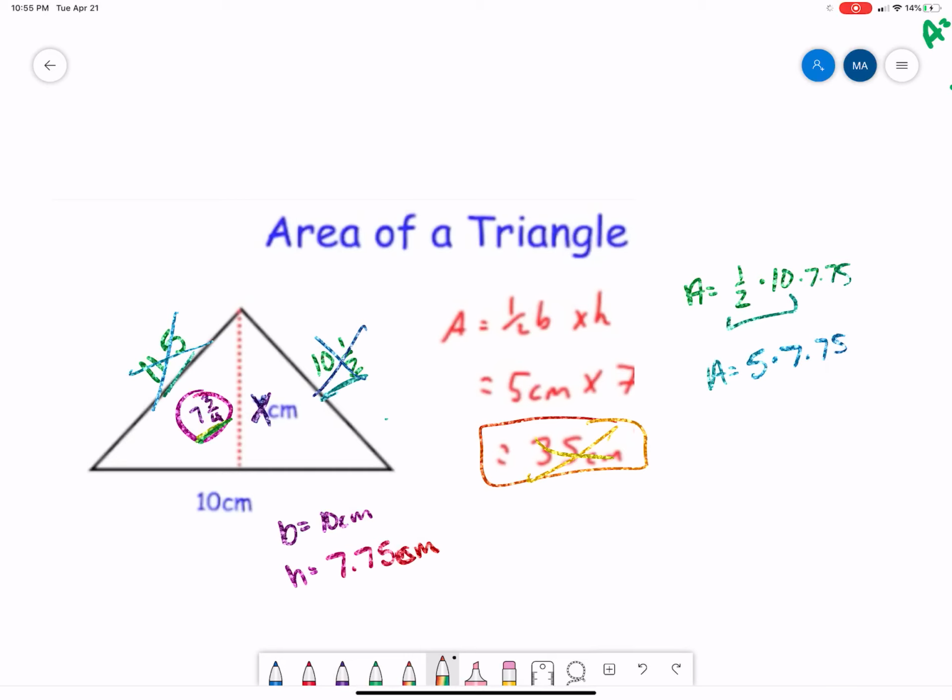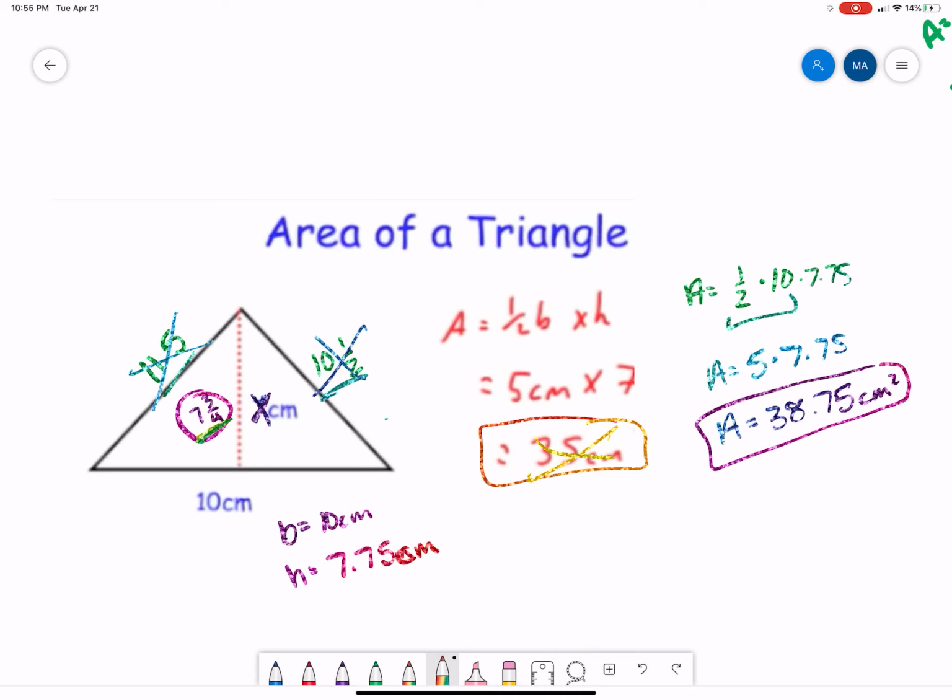Well, I'm going to grab my calculator real quick, just to save you a little bit of time in this video. So 5 times 7.75, so I don't make a mistake, is 38.75 centimeters squared.